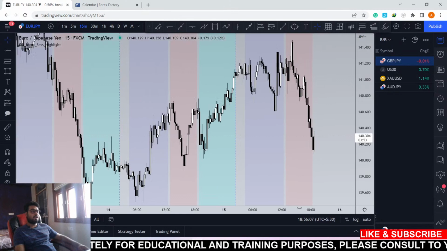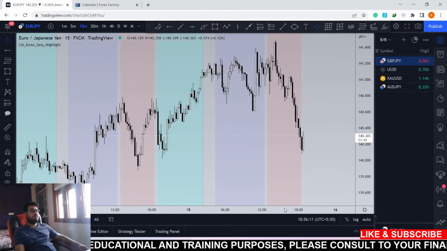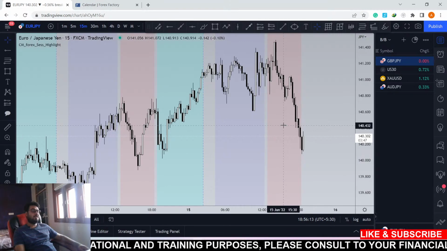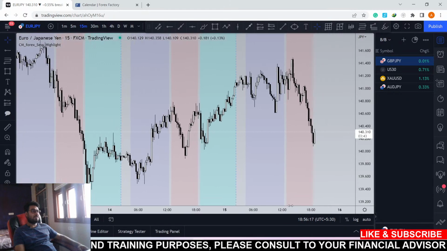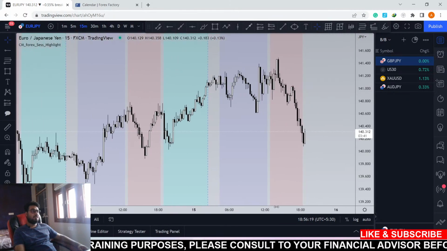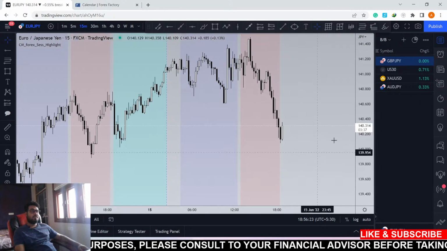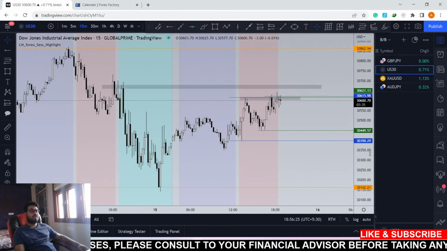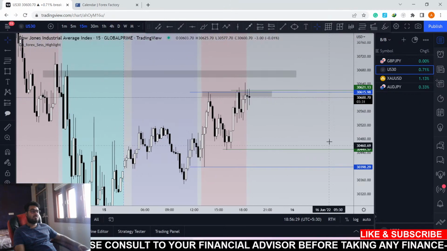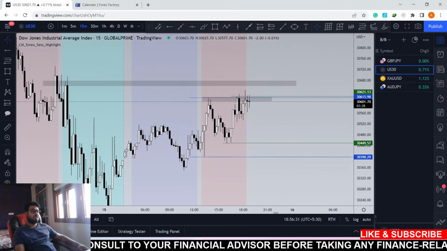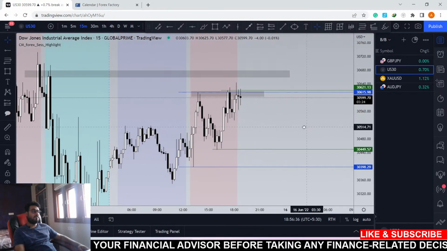It's coming down quite well. But again, you don't know on which day which pair will give you a move. My advice is to just stick to your pairs. Don't try to jump, one day this pair, another day that pair. Just choose those pairs which give you nice moves, then stick to those pairs only.